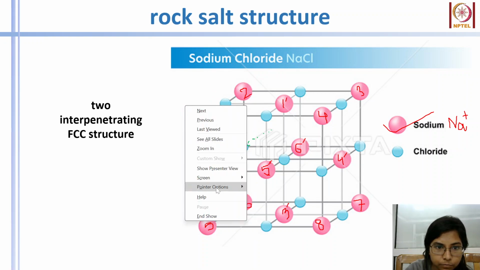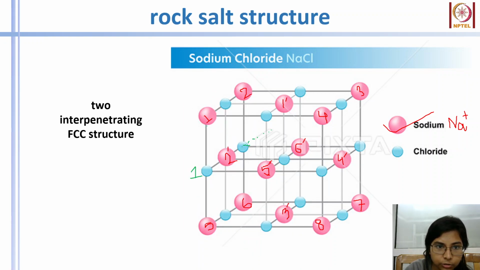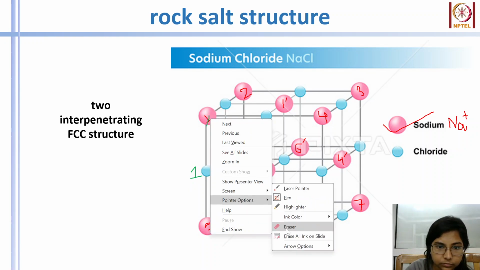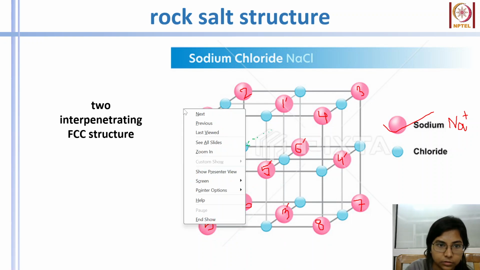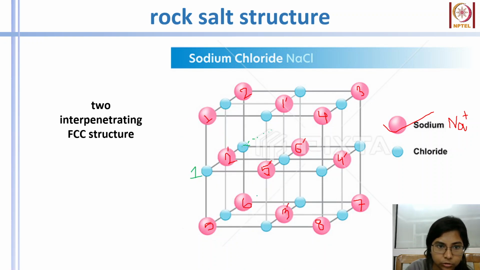If I extend the lattice like this, here is one chloride, then here another chloride will come.